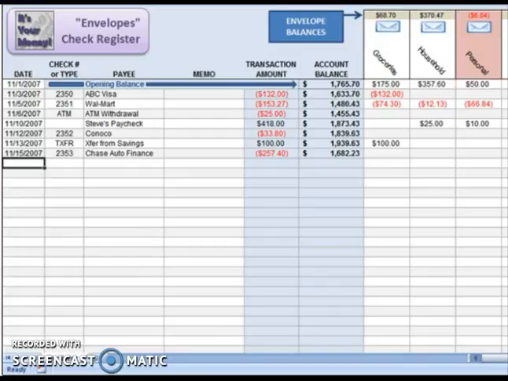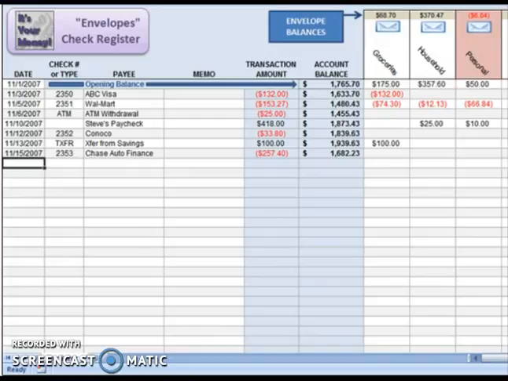So the envelope system, once again, is using cash and assigning the cash to different categories, and each category is represented by an envelope. In the old days, it used to be simple manila envelopes.